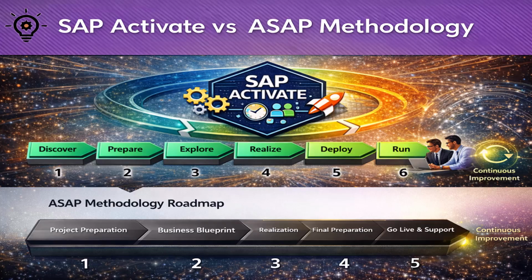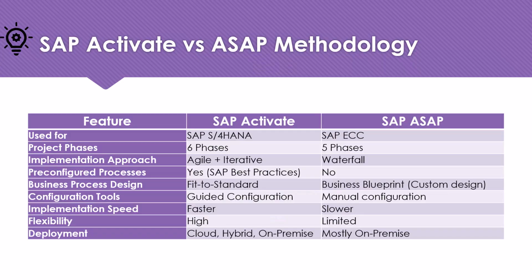SAP ECC followed a traditional waterfall approach with five phases, that is, project preparation, business blueprint, realization, final preparation, go live, and support.